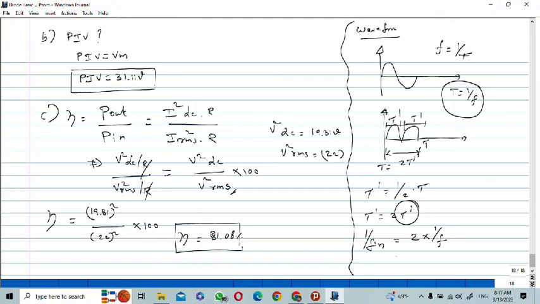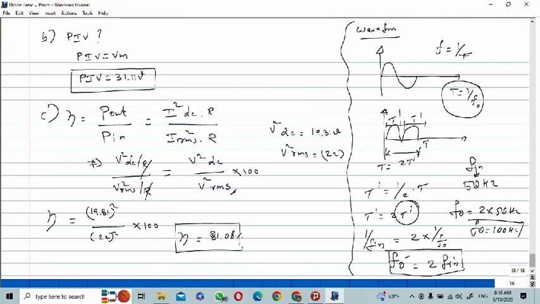So finally F naught, the output frequency, equal to 2F in. So what is F naught? F in equal to 50 hertz. So substitute this, we will get 2 into 50 hertz. We will get F naught equal to 100 hertz.